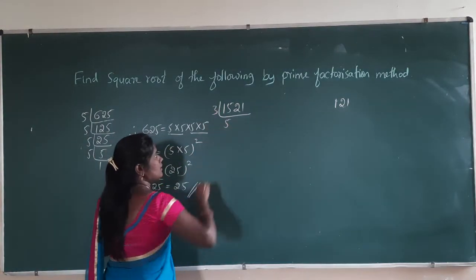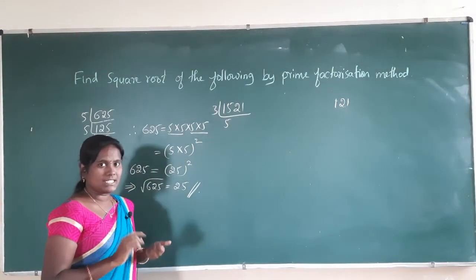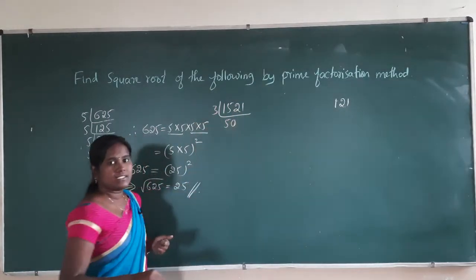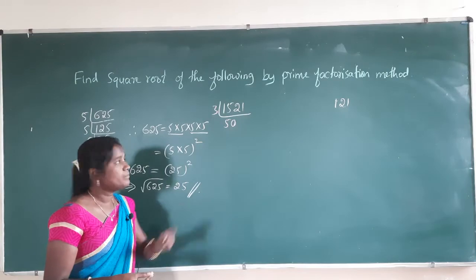3 5s are 15, 3 5s are 15, 2 is not divisible, so write it as 0. Why is it 0?